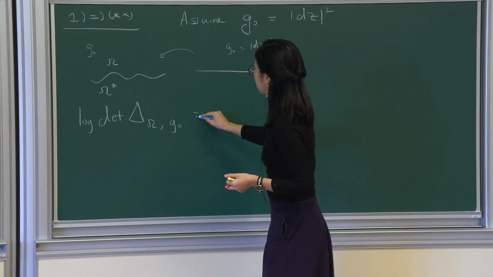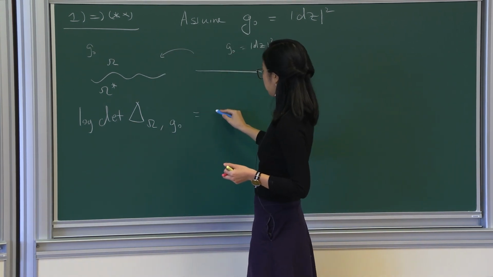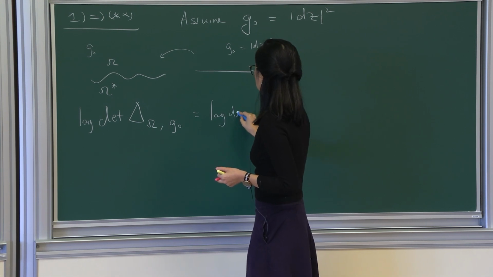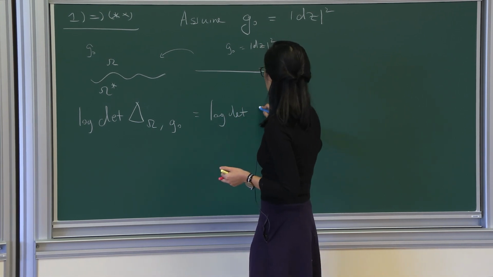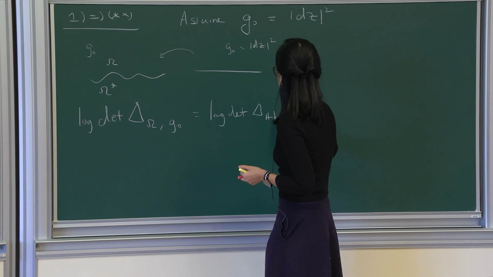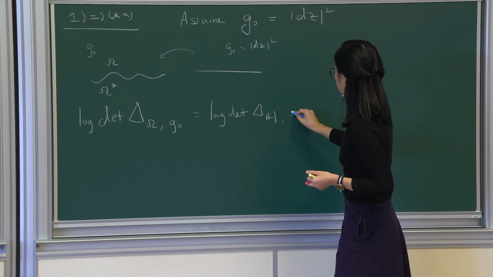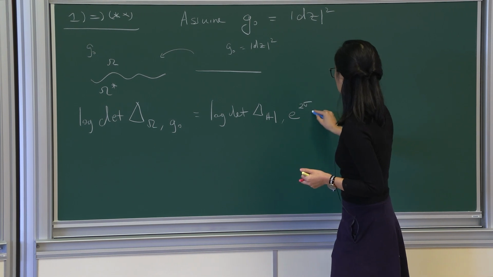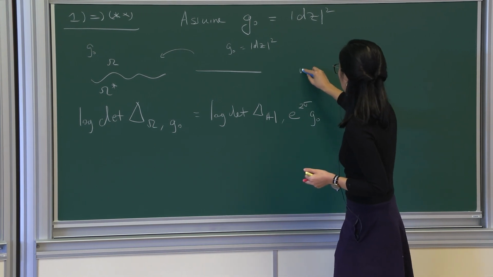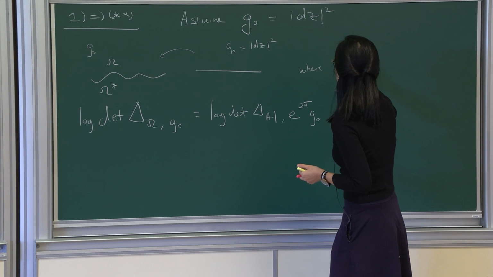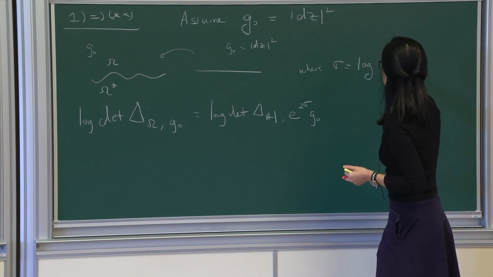I can just pull back this metric to the upper half plane. I will write this as the determinant of the Laplacian in the upper half plane, now with the metric exponential 2 sigma g0, where sigma is exactly log of f prime.